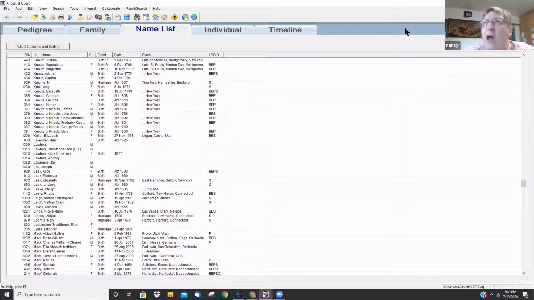So if I go to Ancestral Quest, it is a program whereby you can put in your own database. And in the olden days, before we had Family Search, nearly everybody used Personal Ancestral File. Nearly all church members used Personal Ancestral File, which was promoted through the church and maybe even owned by the church.